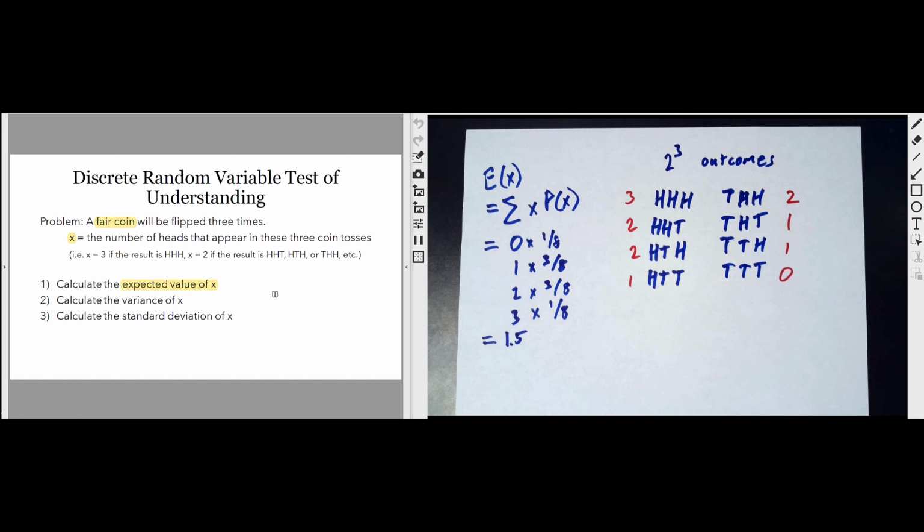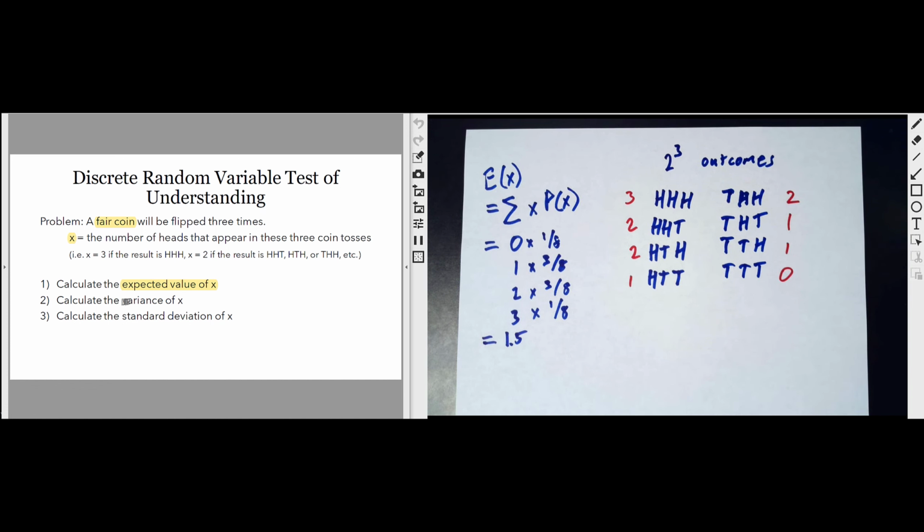So on average, we would expect to get 1.5 heads when we flip a coin 3 times. And intuitively, that just makes sense, right? If we're going to flip a coin 3 times, we would expect half the time to get a head, and so that would be 1.5 heads on average.